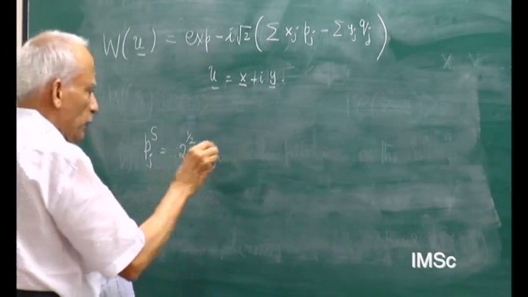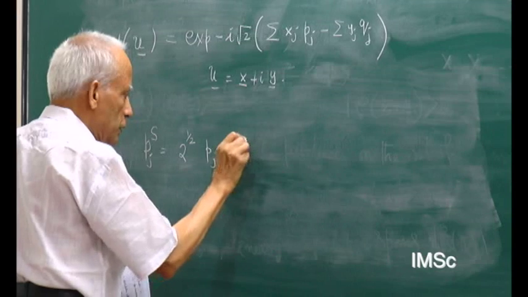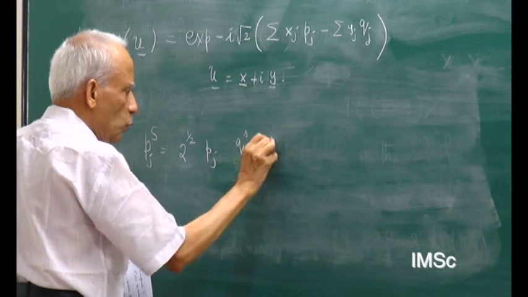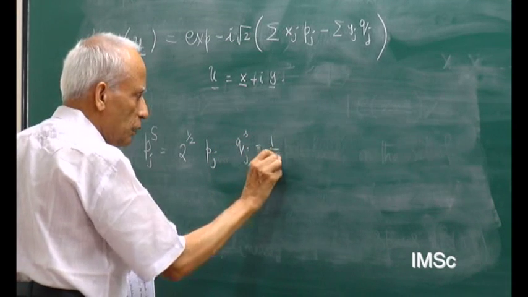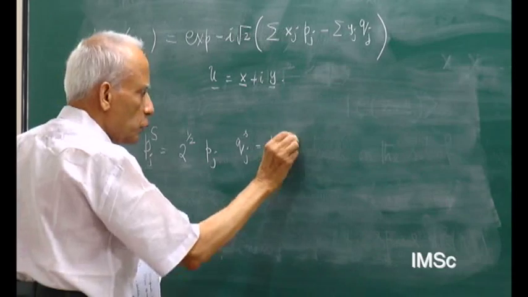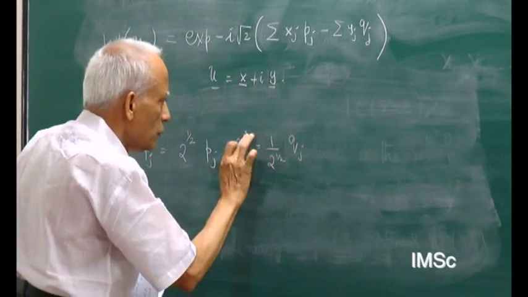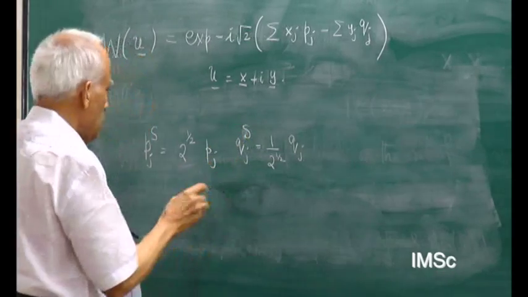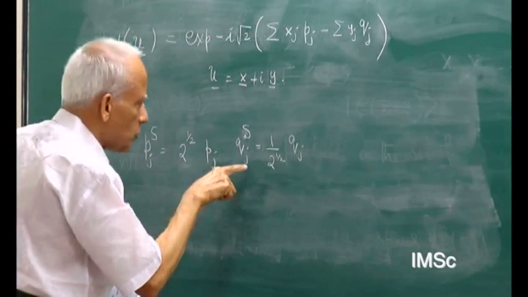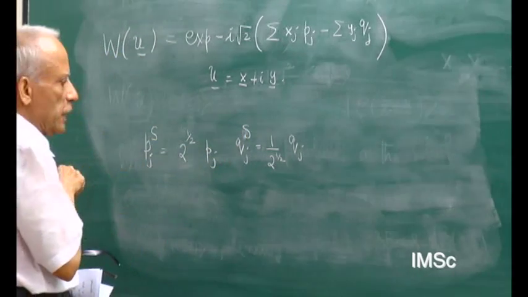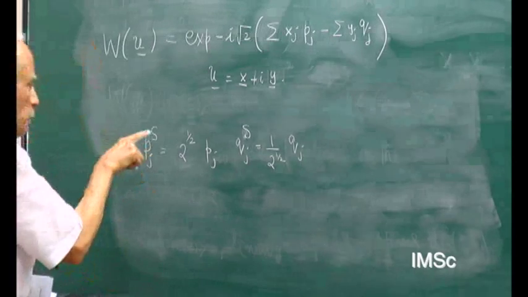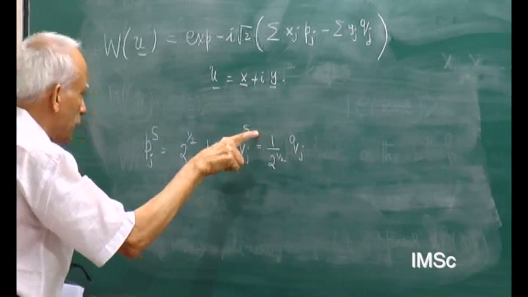If you put 2 to the power half, then for Q_j^S you must put here 1 over 2 to the half Q_j. Then again this is a Q_j^S. These transformed ones also obey CCR, and I put S here to denote Schrodinger.